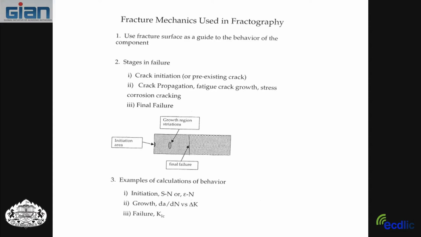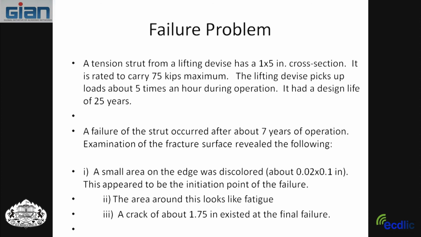Anyway, to do an analysis, you can look at several things, which is final failure, crack growth rate, initial failure. And I had this problem that I made up pretty much, but wanted to do failure analysis kind of thing using quantitative fracture mechanics to do it.